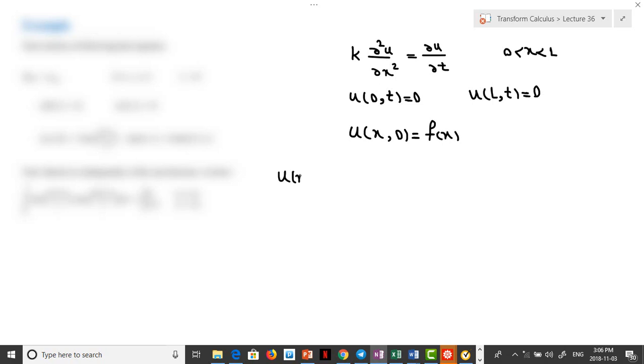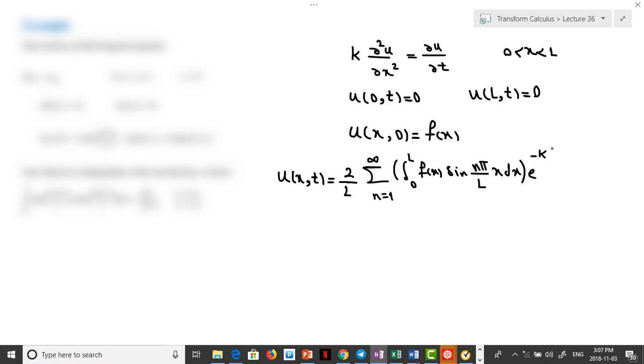We said u of x and t was equal to 2 over L, the summation of n from 1 to infinity, of the integral from 0 to L of f of x sine n pi over L x dx, times e to the power of minus k n squared pi squared divided by L squared times t, times sine n pi over L x.